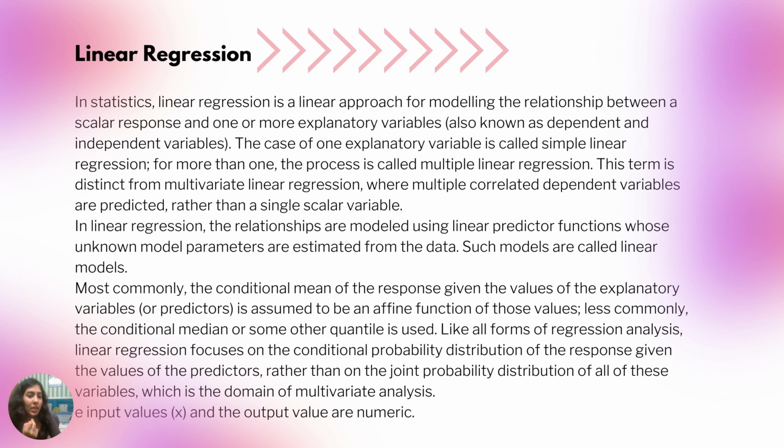The term is distinct from multivariate linear regression, where multiple correlated dependent variables are predicted rather than a single scalar variable. In linear regression, the relationships are modeled using linear predictor functions whose unknown model parameters are estimated from data. Such models are called linear models.